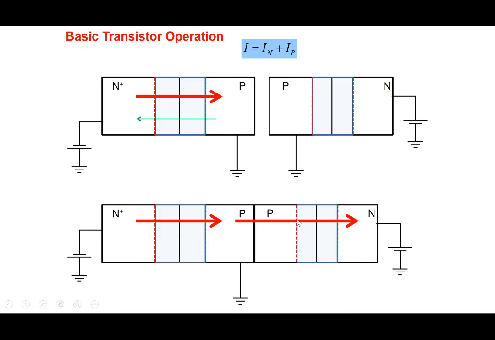And once they come here, there's an electric field which sweeps the electron into the N region here. So practically what happens is all the electrons that were injected from the emitter into the base, almost all of them, barring a few, travel across to the other junction, and then there's a field, and then they reach the collector region here.